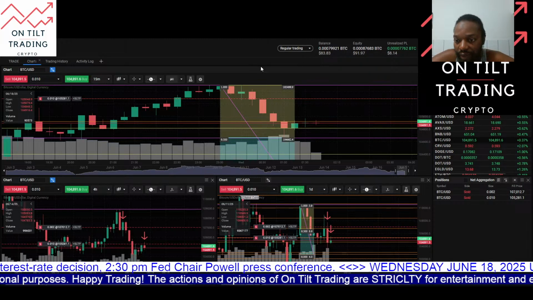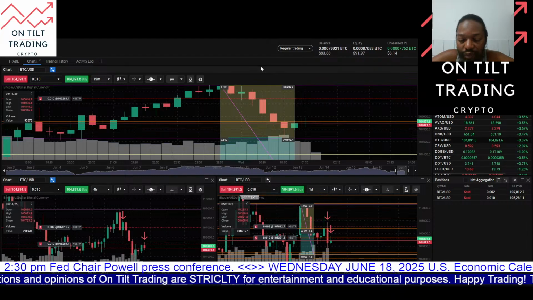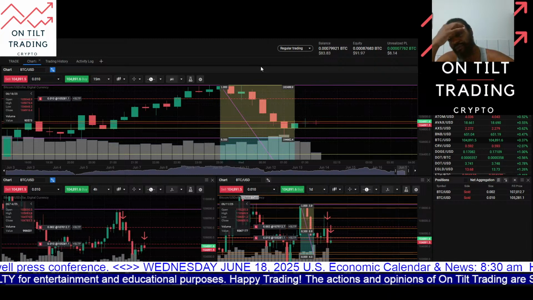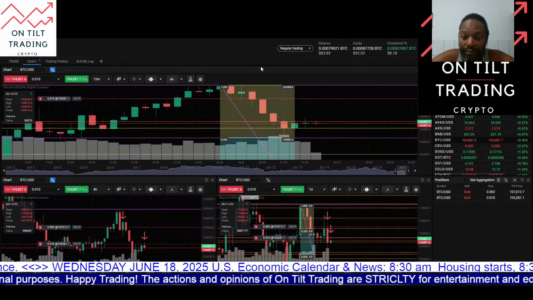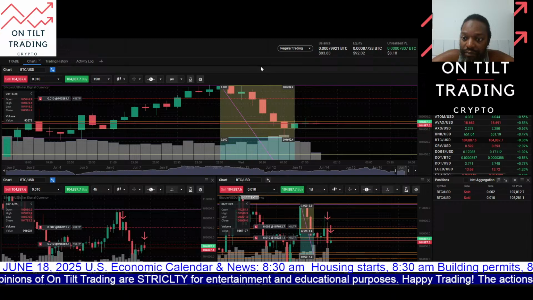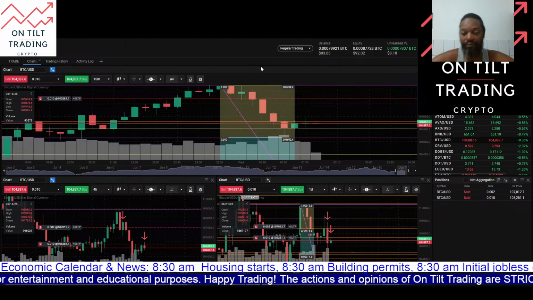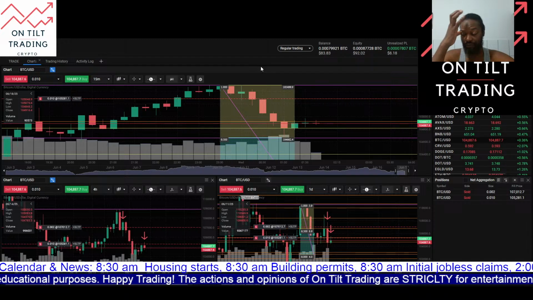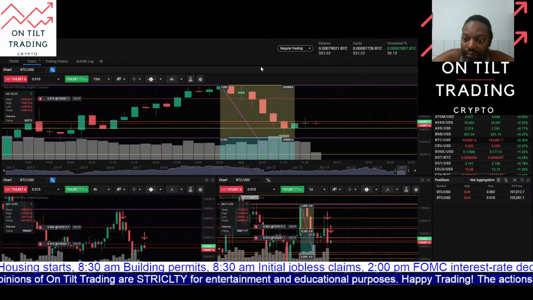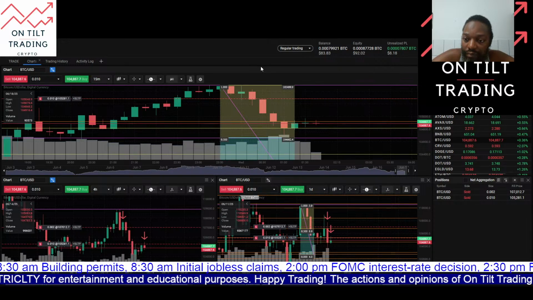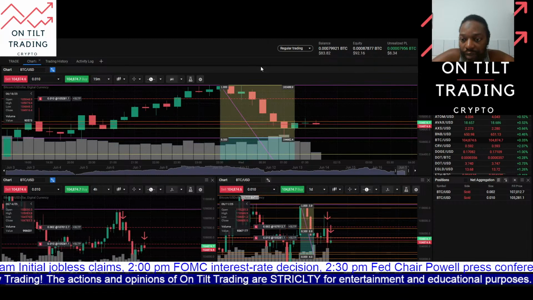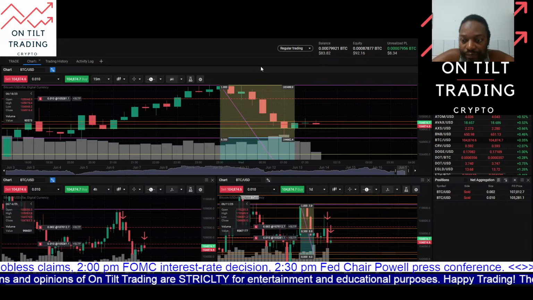And price has stalled here at the 104,891.5 level. Price being delivered lower to the sell side.